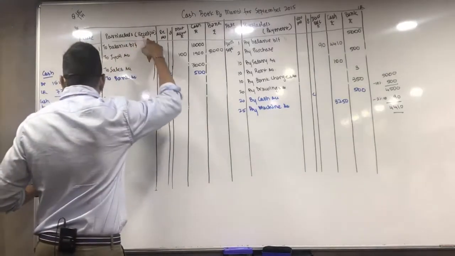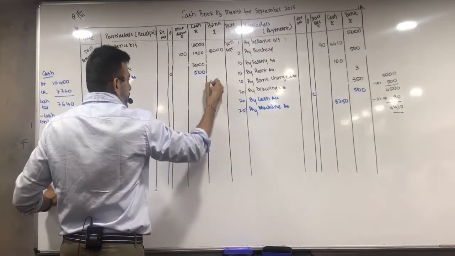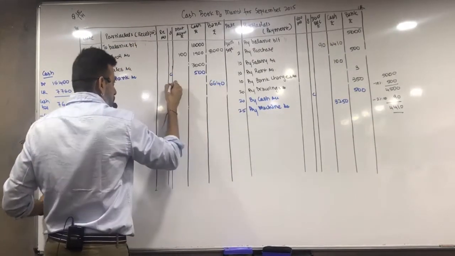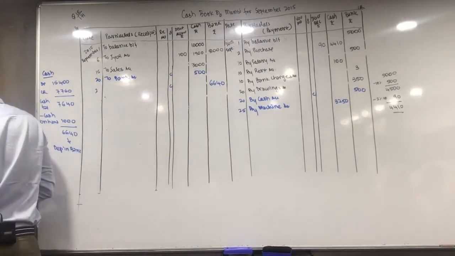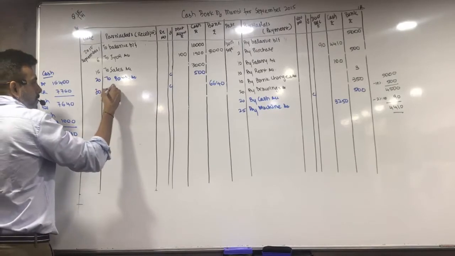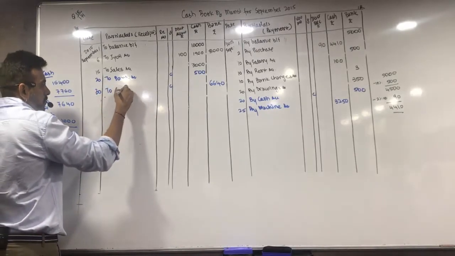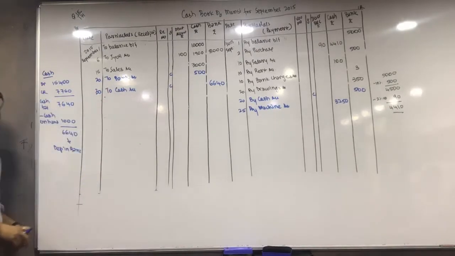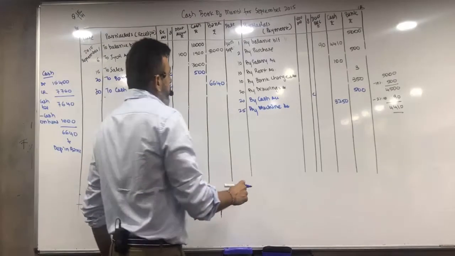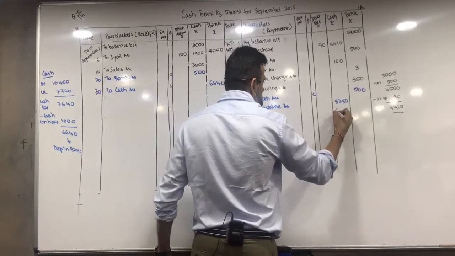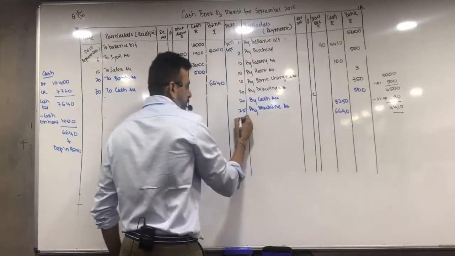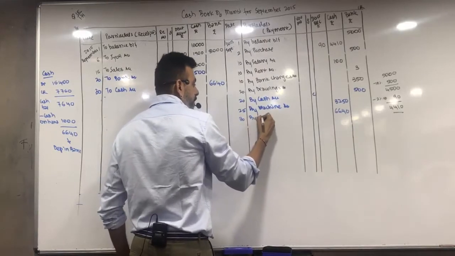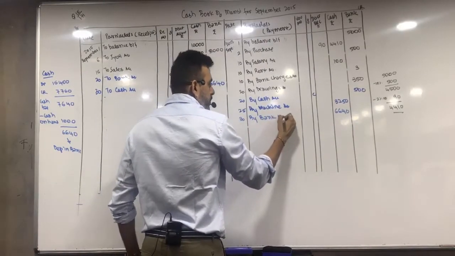So receipt side, bank column 6,640, contra, date is 30th, to cash account. You understood this? Okay. Cash goes out, 6,640, payment side cash column, 30th, by bank.